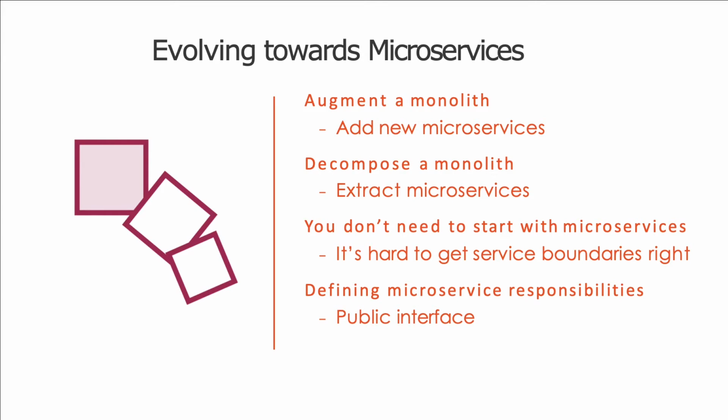So there are different strategies and different patterns. We can find many books and many design patterns on how to move from a monolith to a microservice architecture. But the most common design pattern to move from the monolith application to the new microservice architecture, the first one, is called the augmented monolith.